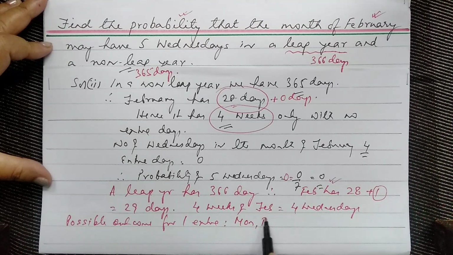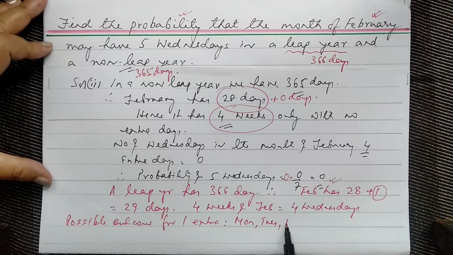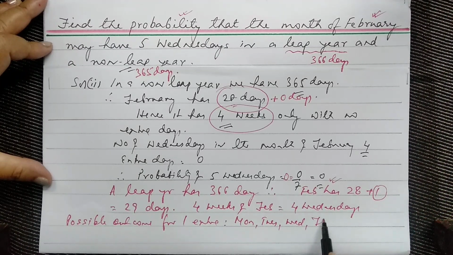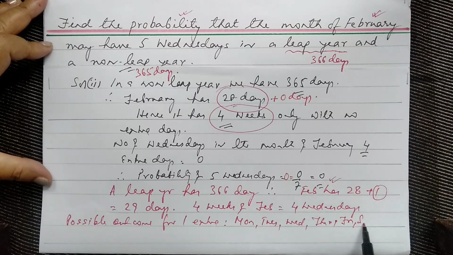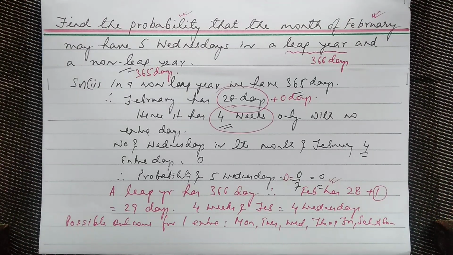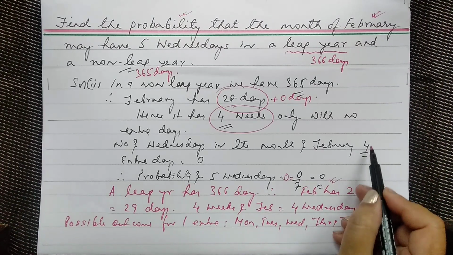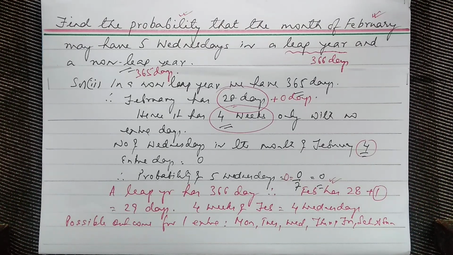Monday, Tuesday, Wednesday, Thursday, Friday, Saturday and Sunday. All right. So which means we have already 4 Wednesdays from the 28 days. Am I right?